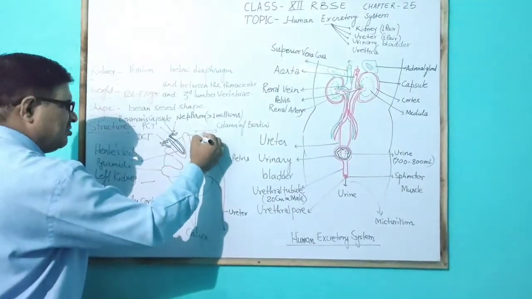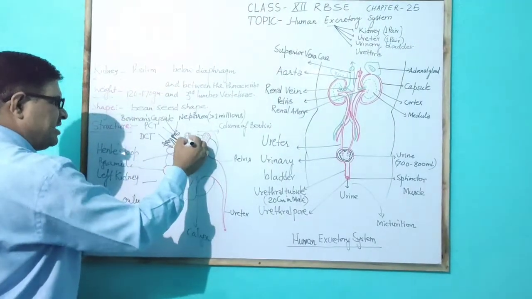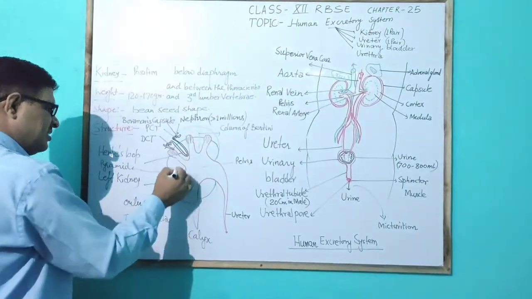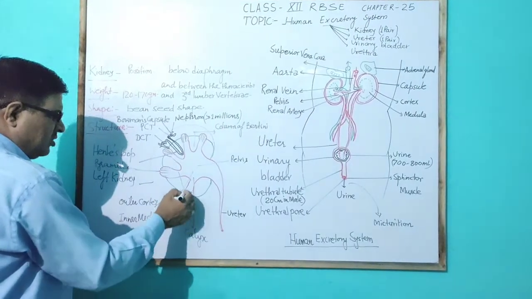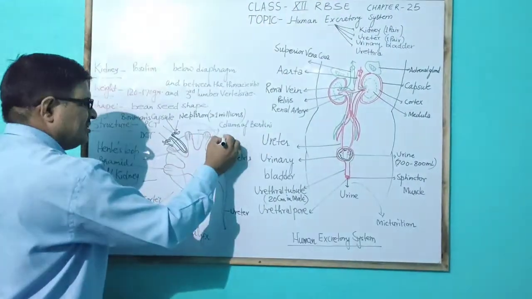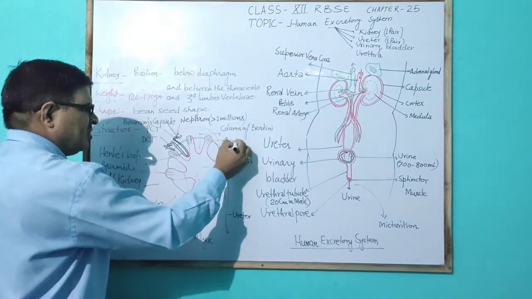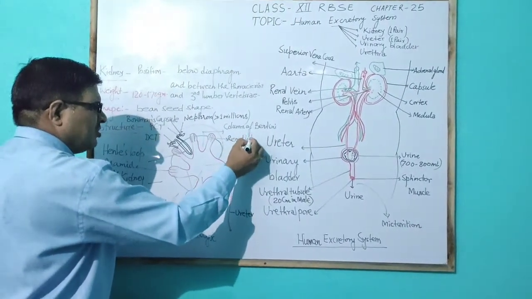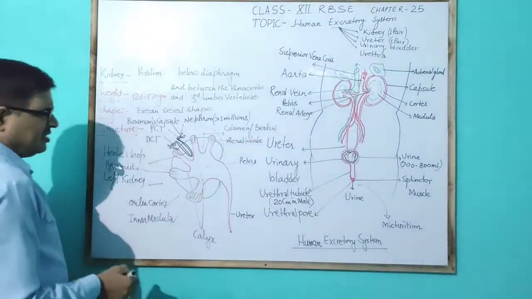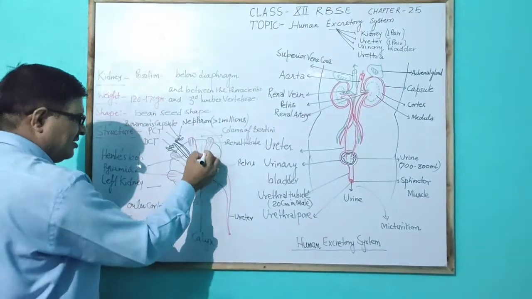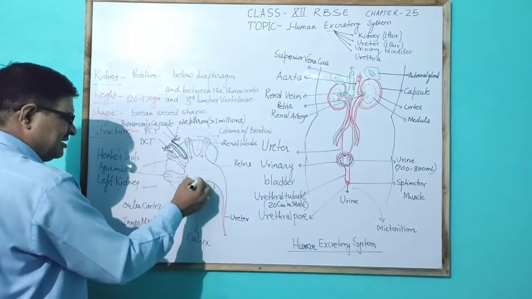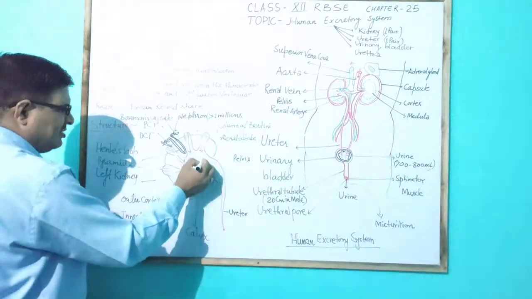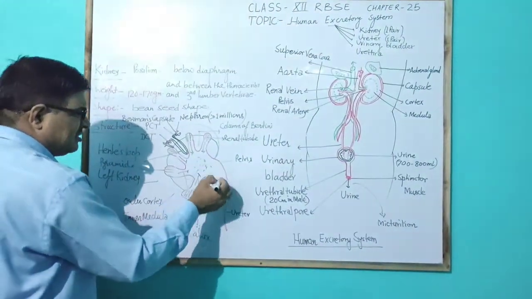These pyramids contain tubular structures, which are called renal tubules. This renal tubule opens in the calyx part, and from the calyx it opens in the broad part which is called the pelvis.